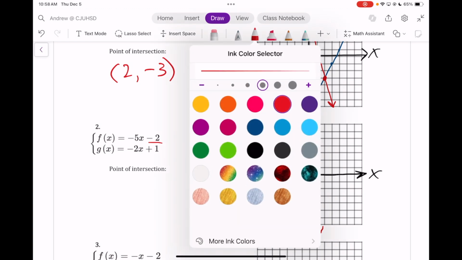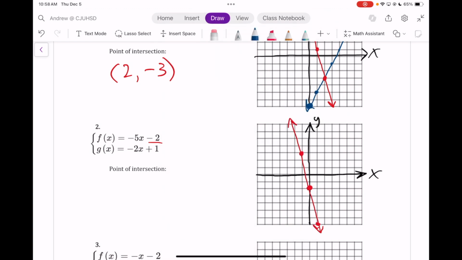Then for my other line, it starts at +1 on the y-axis, and it has a slope of -2. So that's -2 over 1. If I go down 2 and over 1, and then down 2 and over 1, okay, I'm making the line. I'm getting farther from the point of intersection. So I need to go back the other way.